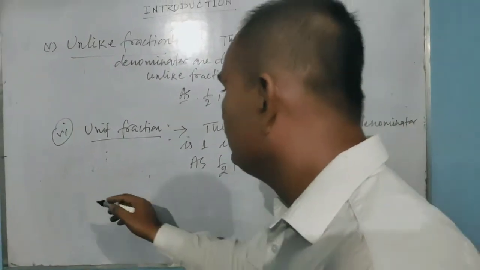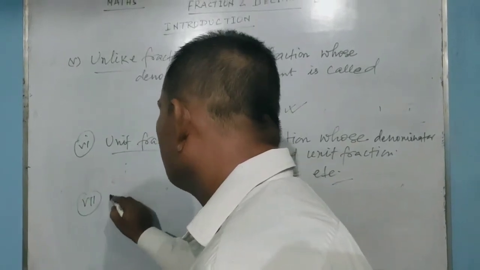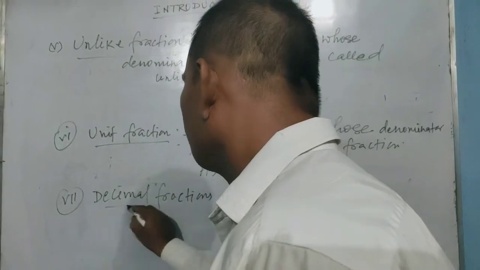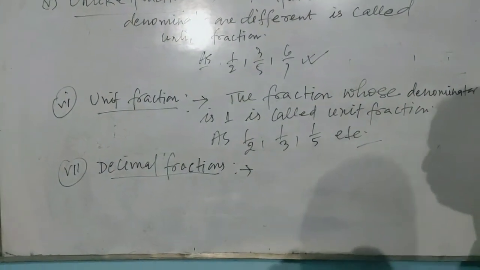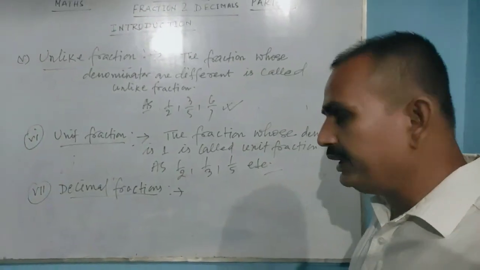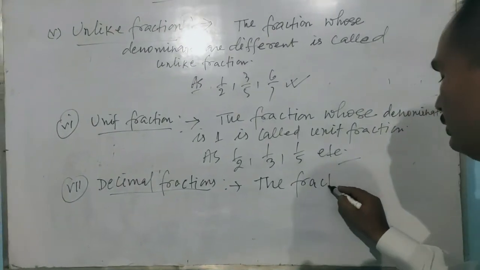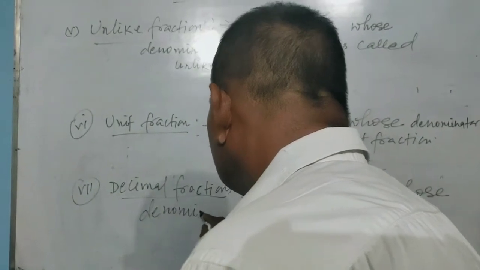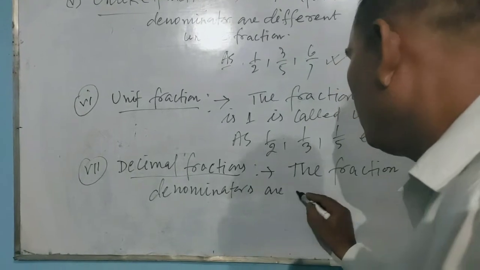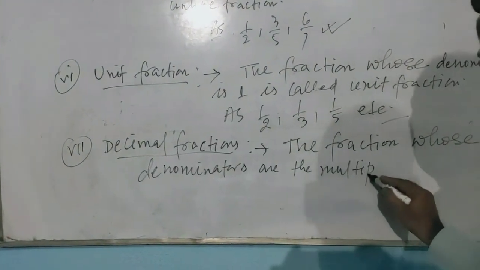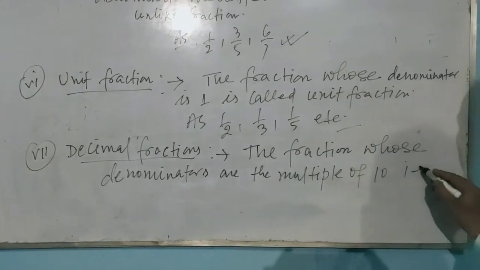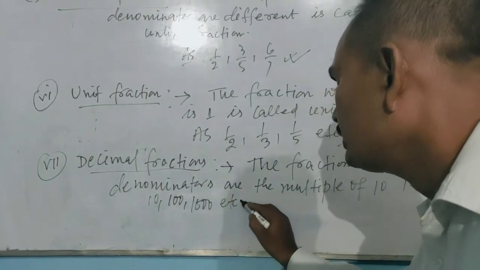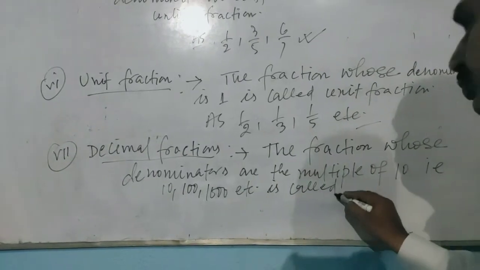Okay, next is decimal fraction. The fraction whose denominator is a multiple of 10, that is 10, 100, 1000, etc., is called a decimal fraction.